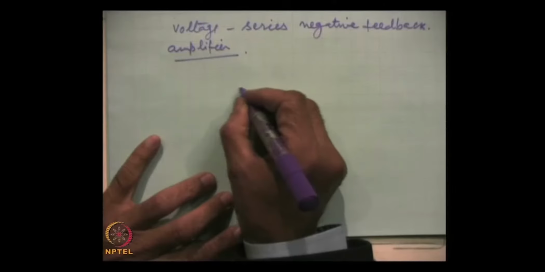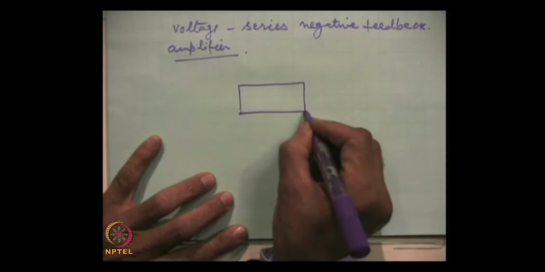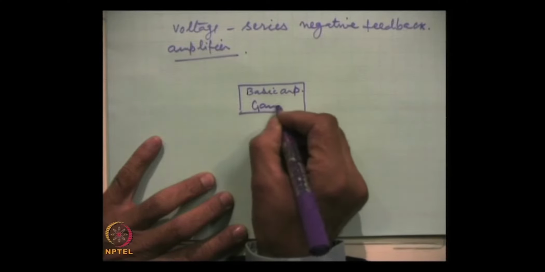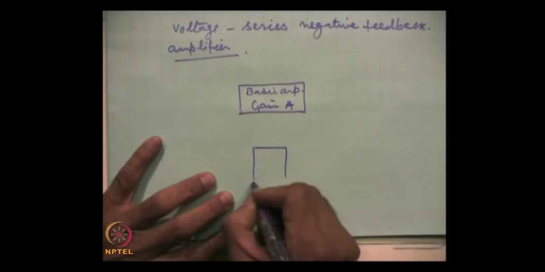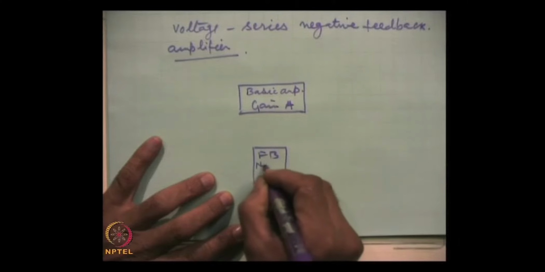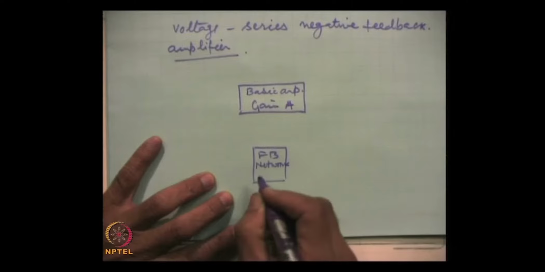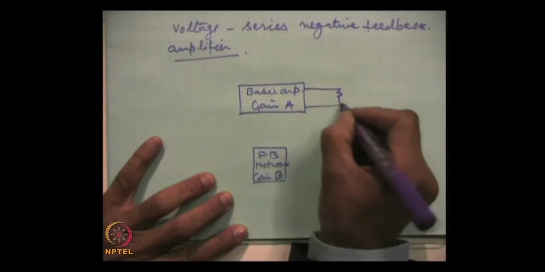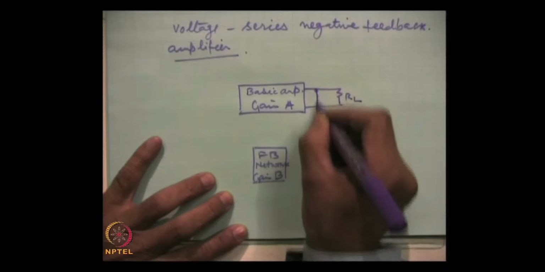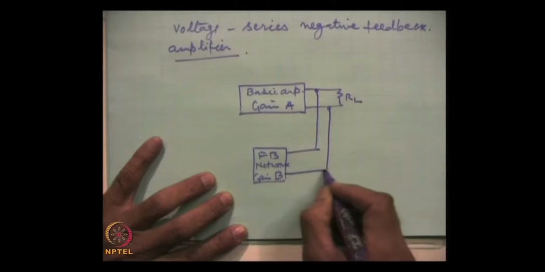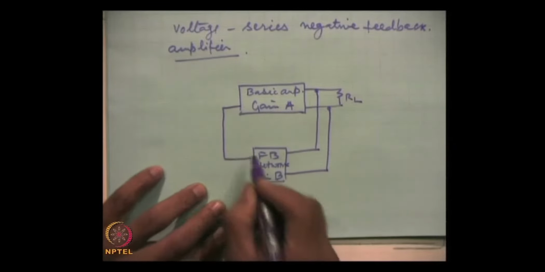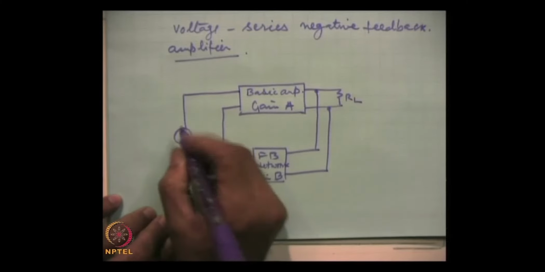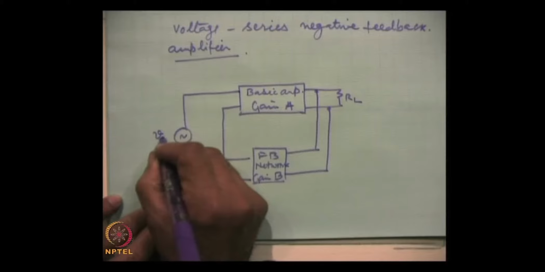The circuit is this: basic amplifier, gain A, this is the feedback network, and here the gain is B, and R L. This is the applied input signal V s.